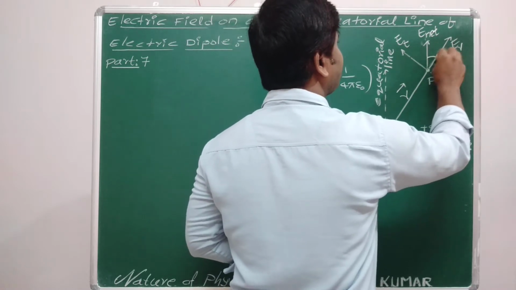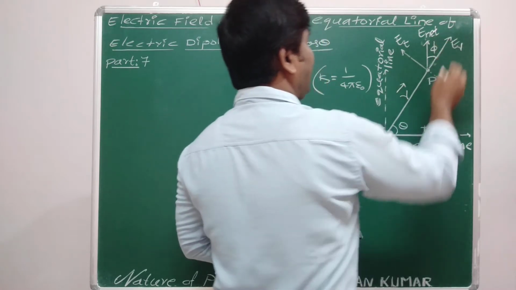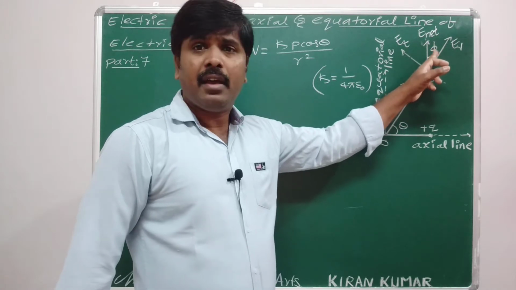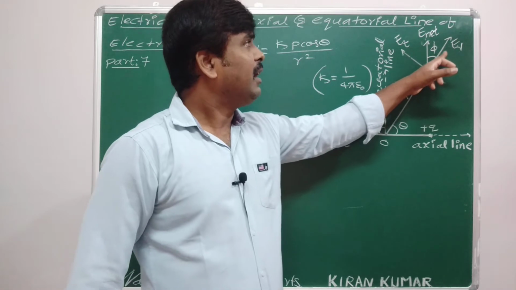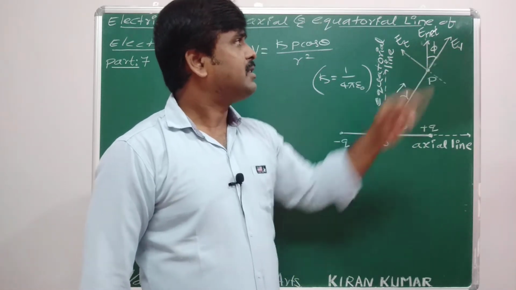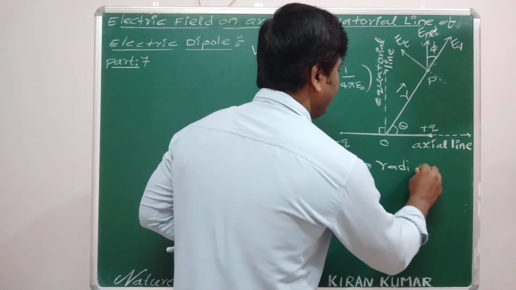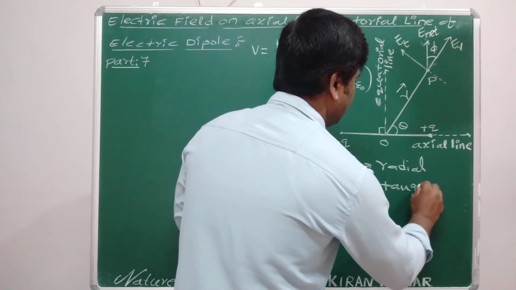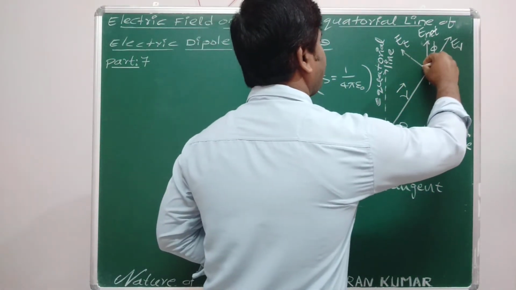The net electric field makes an angle phi with the radial electric field. What is phi here? The angle made by the net electric field with the radial electric field. Here r is the radial, t is the tangential, so both are mutually perpendicular to each other.